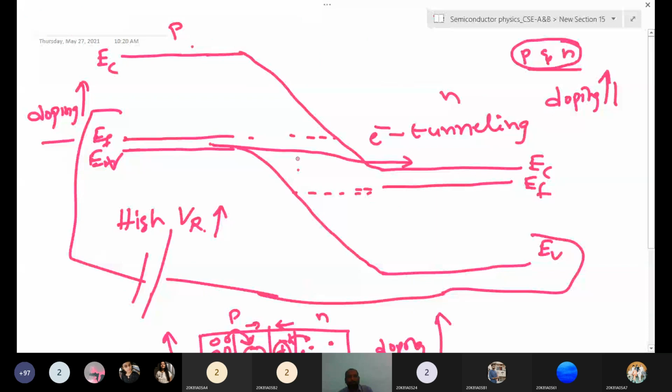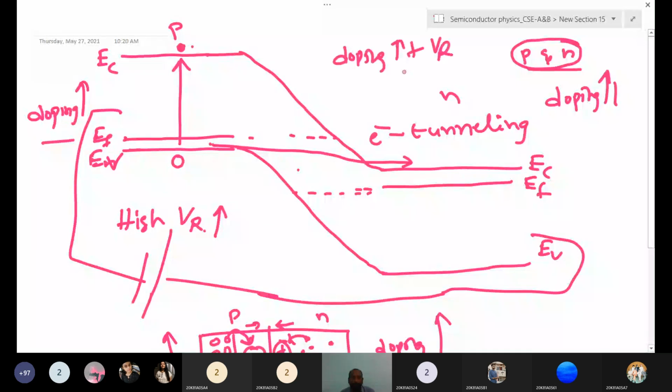Generally, if you take any semiconductor and give some energy, bound electrons break the bond and jump into the conduction band, leaving the hole in the valence band. But if doping is increasing and we are applying a high reverse bias voltage, what happens?